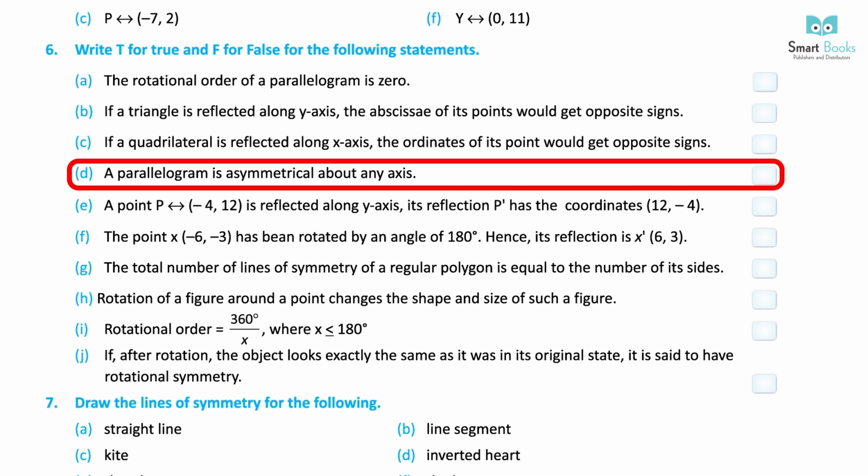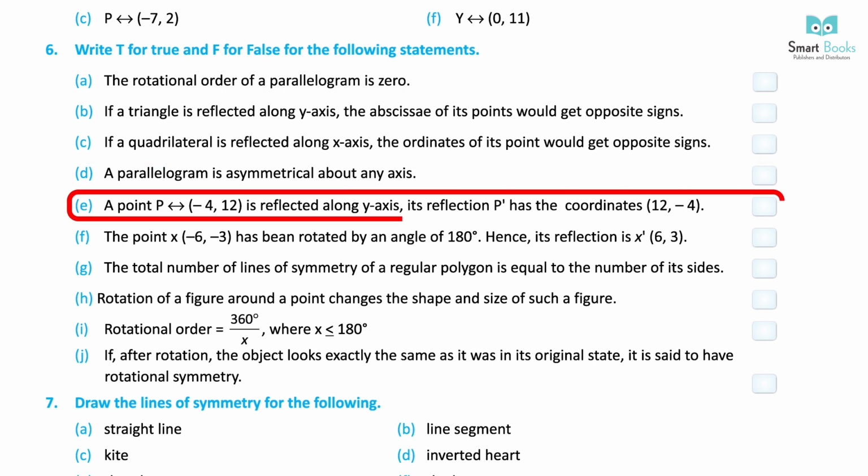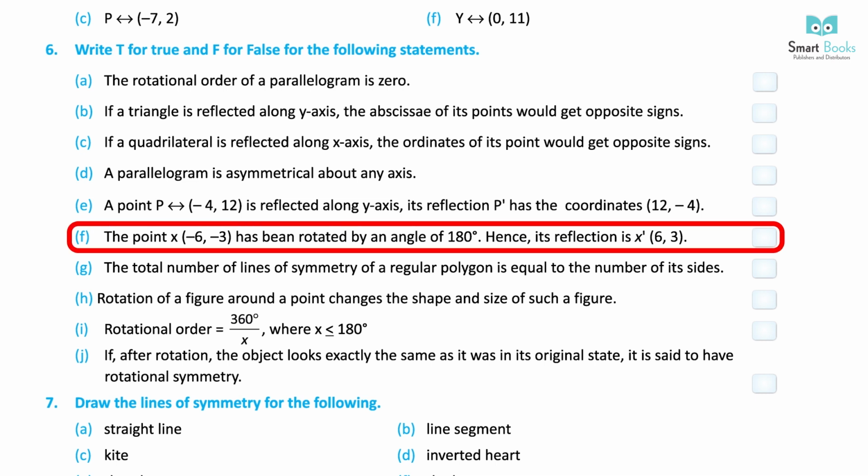D. A parallelogram is asymmetrical about any axis. Solution: True. E. A point P minus 4, 12 is reflected along y-axis. Its reflection P has the coordinates 12 minus 4. Solution: False.